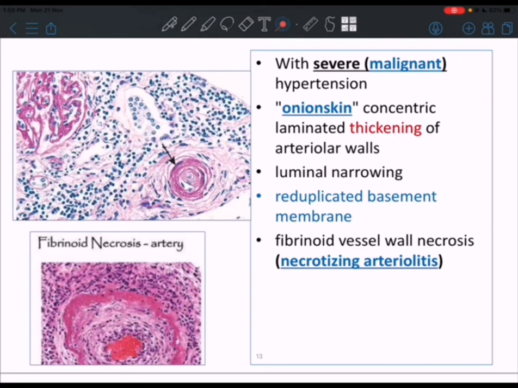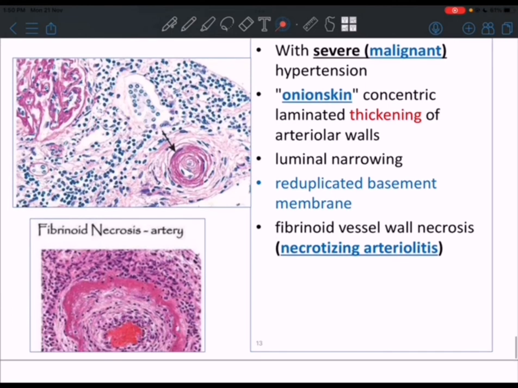Those multiple layers are coming from duplication of the basement membrane and ECM material production. إذا هون عم بصير في عندي thickening concentric على شكل حلقات, concentric laminated thickening of the arteriolar wall, which leads eventually to luminal narrowing. And this thickening and onion skin appearance is caused by the reduplicated basement membrane.